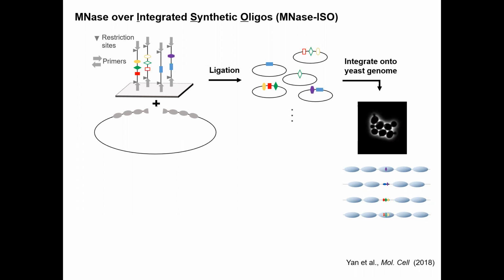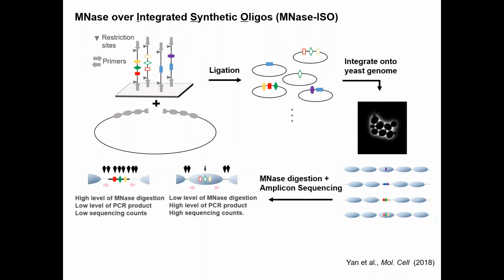To evaluate that, we take half of the pool of these mixed yeast, and we did MNase digestion followed by amplicon sequencing. The idea is that if you have a particular sequence that is exposed, it will be completely destroyed by MNase. So when you try to PCR like this, you won't get a lot of PCR product, and you would get low sequencing reads, right? And vice versa.